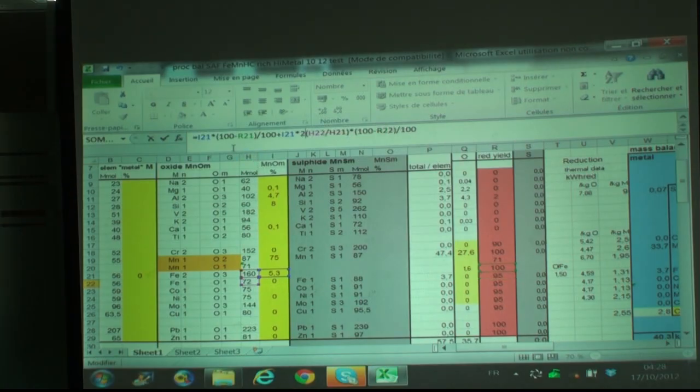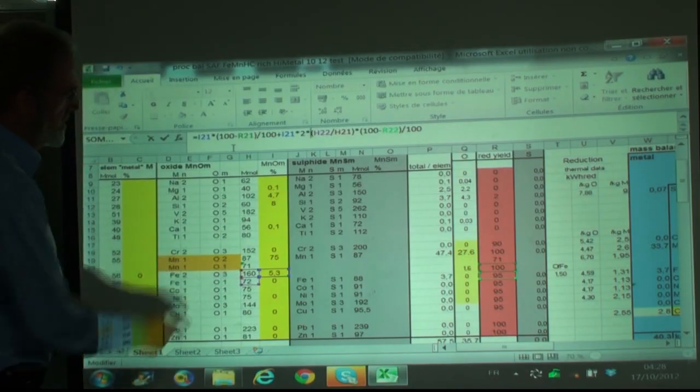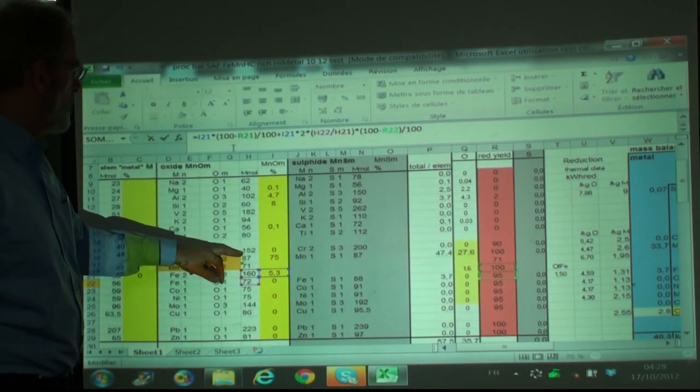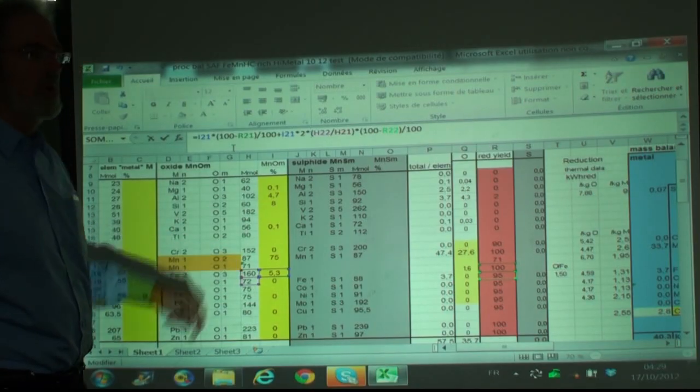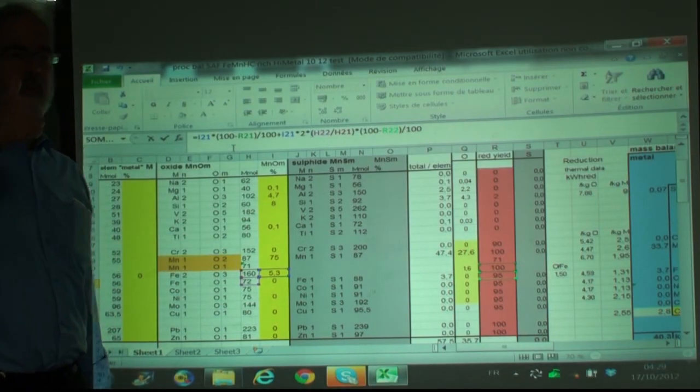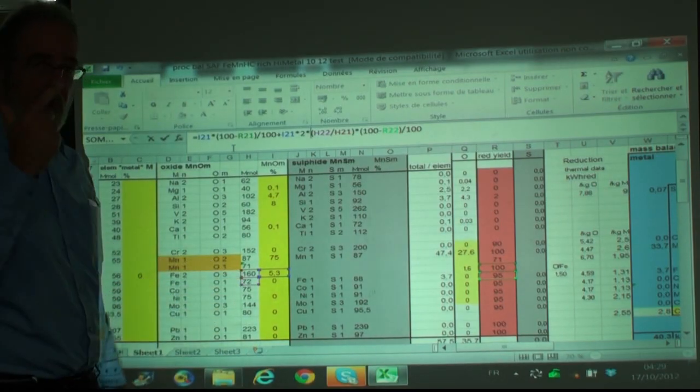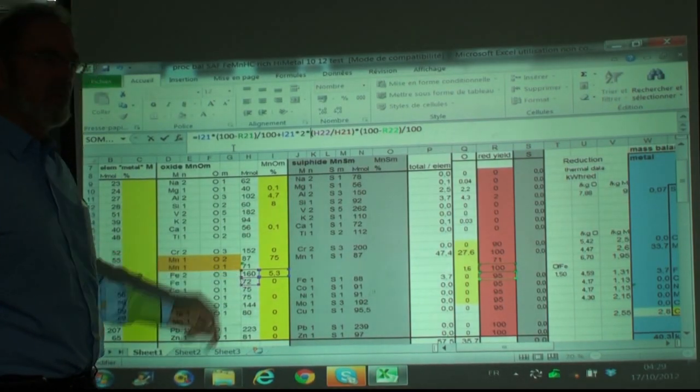I explain. Because in the molar masses, in case of MnO2 and MnO, you have in both one Mn. In case of Fe2O3, you have two Fe, and in FeO you have one Fe.